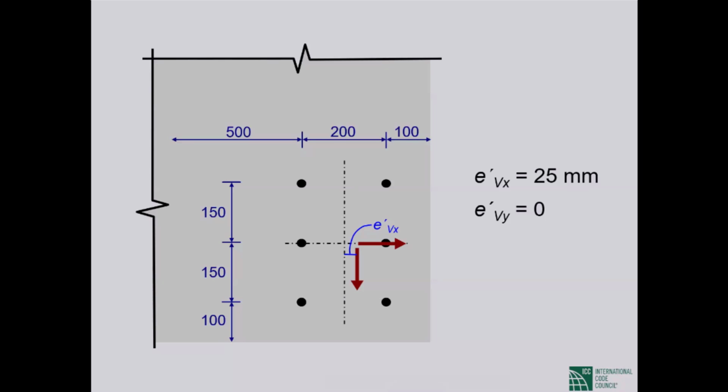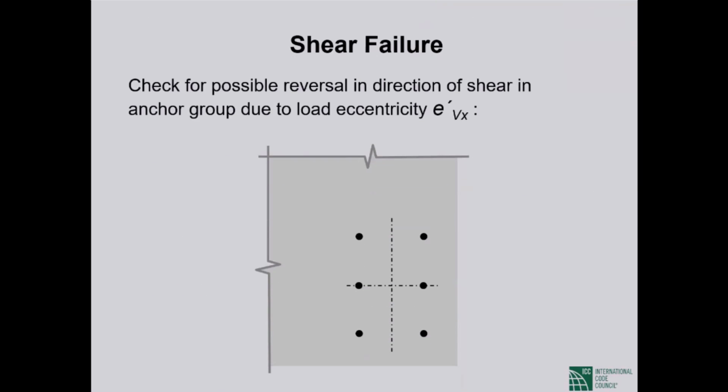Okay, our group of 6 anchors, we are subjecting it to shear in both directions, X and Y. The X shear is concentric, but the Y shear is at an eccentricity of 25 millimeters. Okay, one shear is concentric, the other is eccentric.